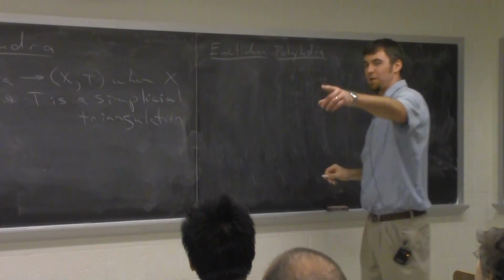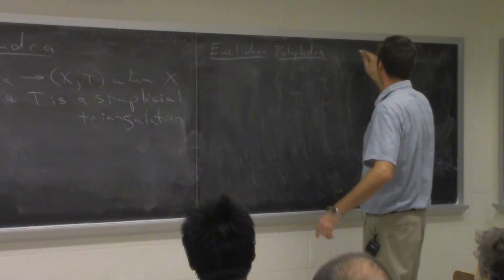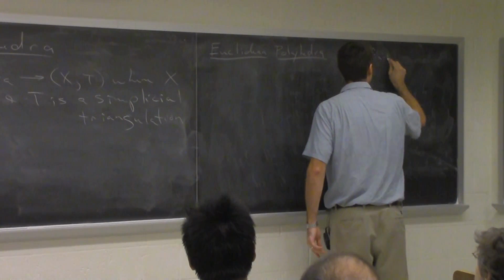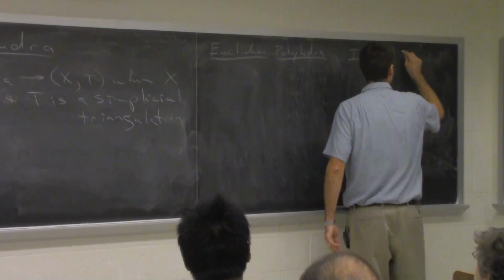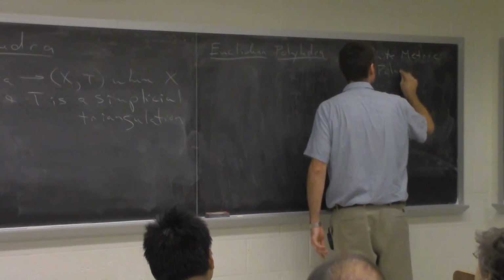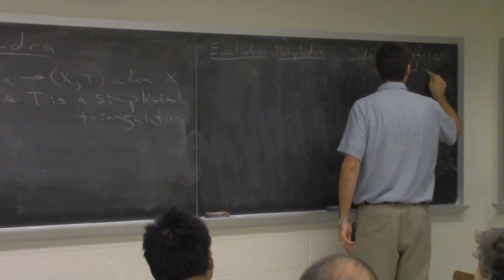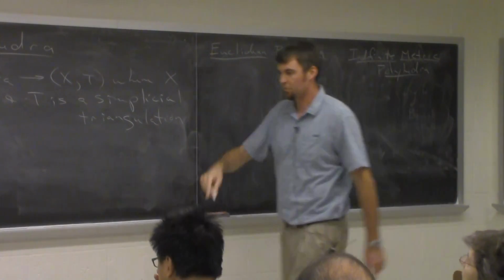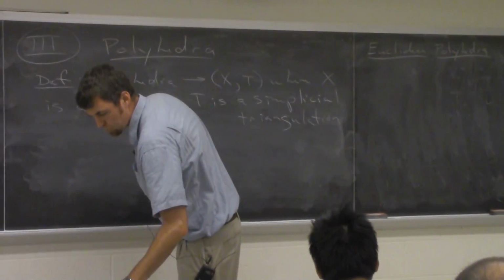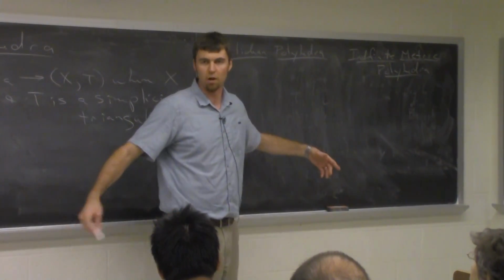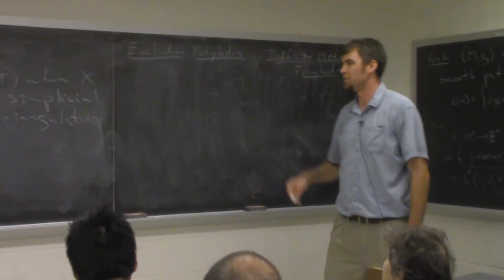And the second, called indefinite metric polyhedra. I've got big wordy definitions in my notes, but I think what I'll do is just get the point across and draw examples. I think you get the examples and then you can write down the definitions.